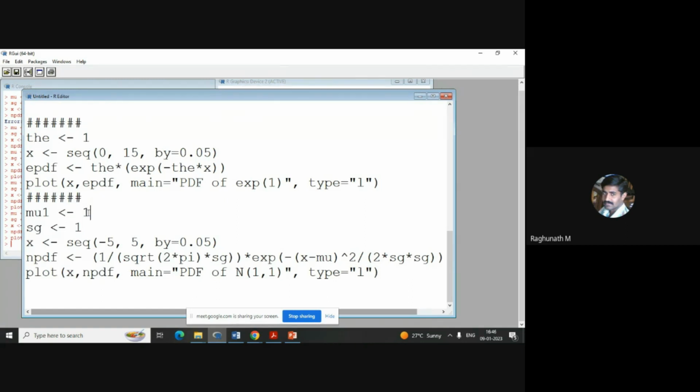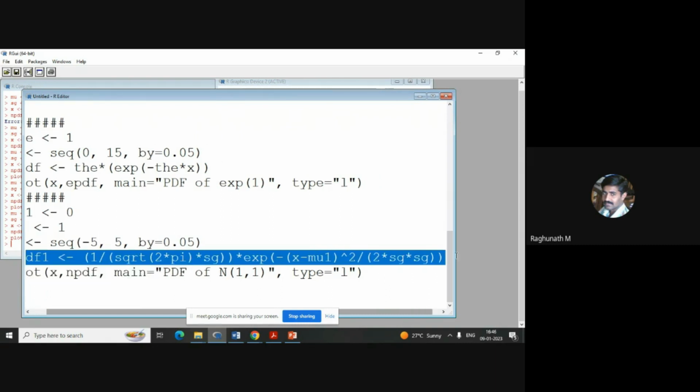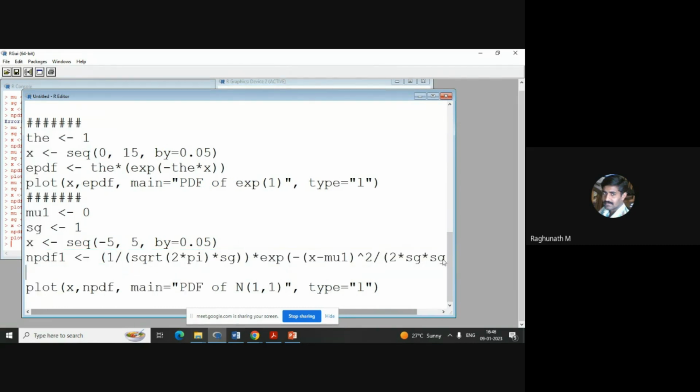So what I will do is mu 1, I will keep it as 0 and 1, whatever the earlier graph is considered. So wherever mu is there, I will change it to mu 1. So this I will call it as NPDF1. Again, I will compute with the different value of mu, but sigma I will keep it as same.